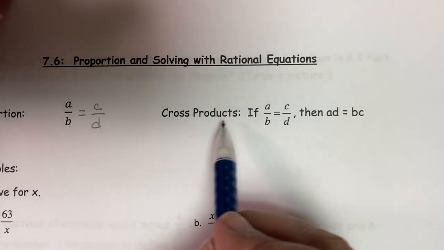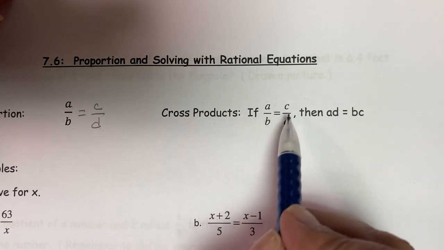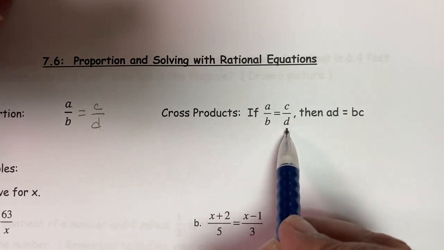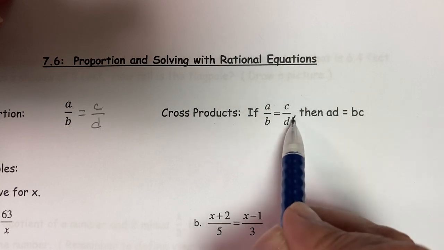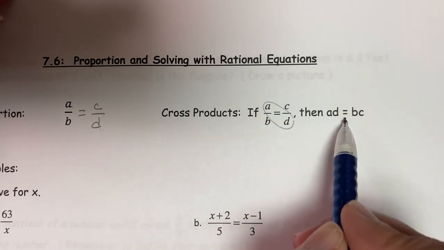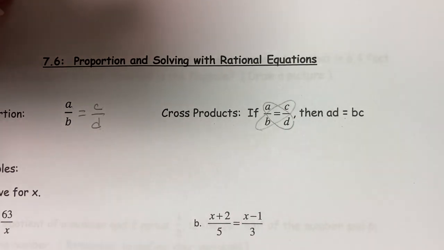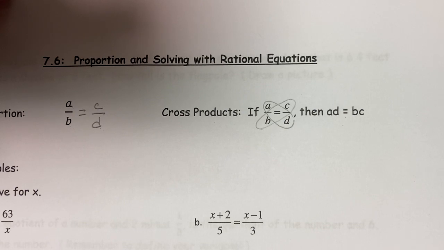If we look over here at cross products, if you have A over B equals C over D, then A times D, so that's why it's called cross multiply, is equal to B times C. So notice how it eliminates the fractions. It's just a different way of doing it.